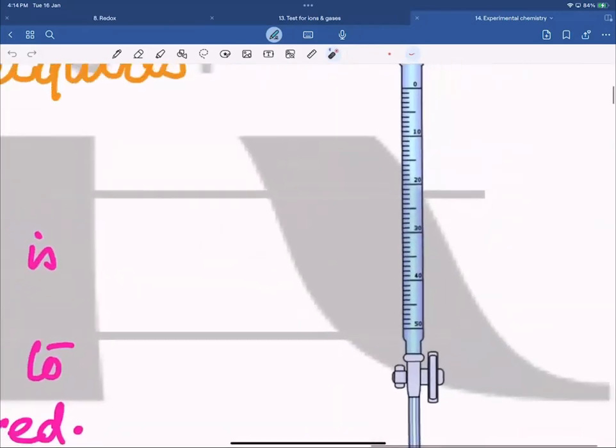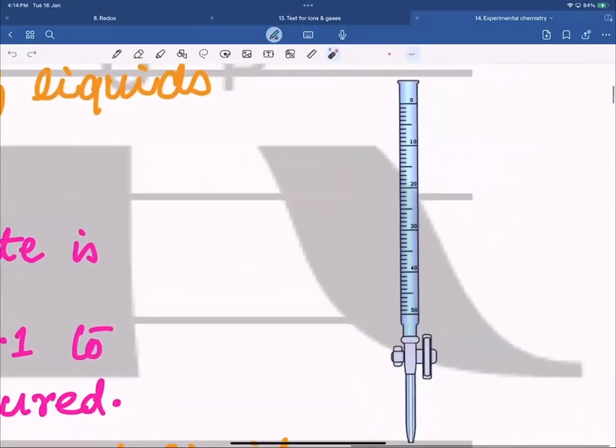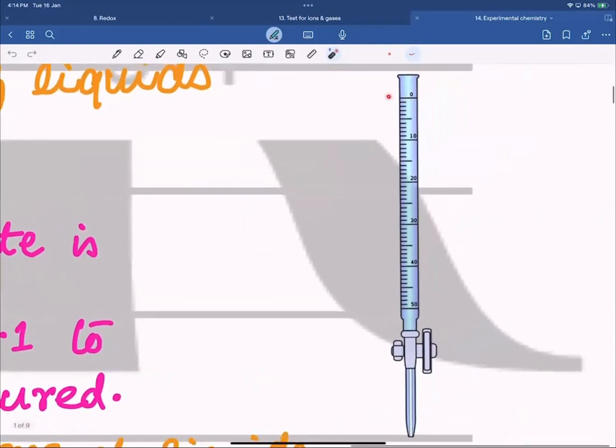If you see the burette over here, you can see there is a graduated scale, right? And here it is a tap. So we can control the volume and add as much as we want, in the range of 0.1 centimeter cube till 50 centimeter cube.